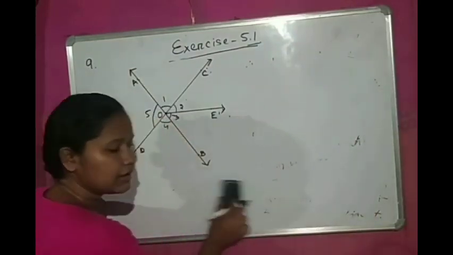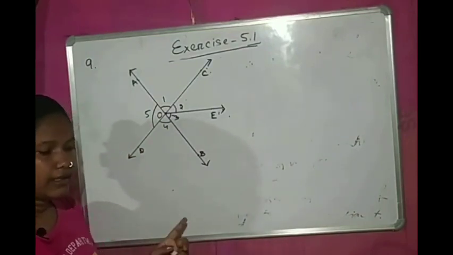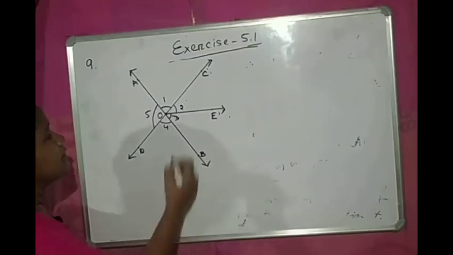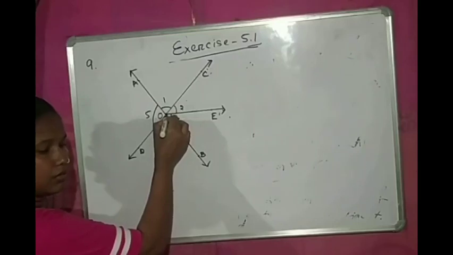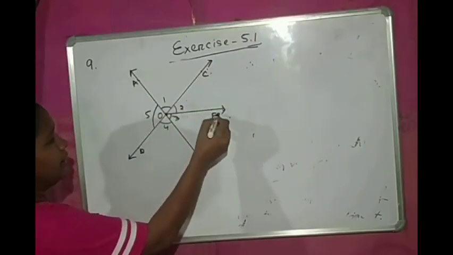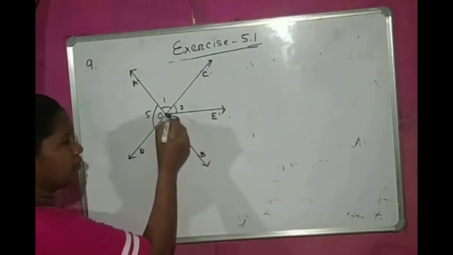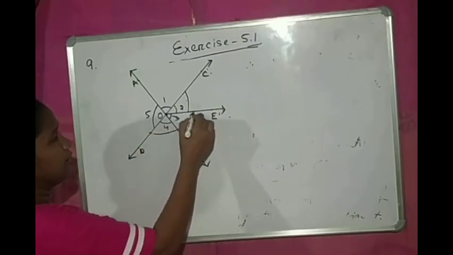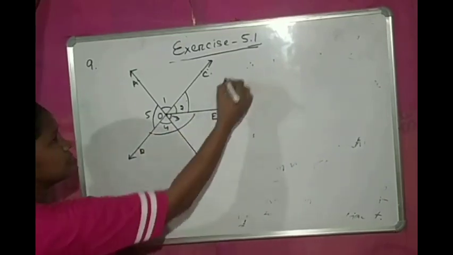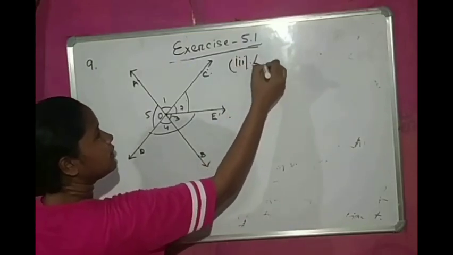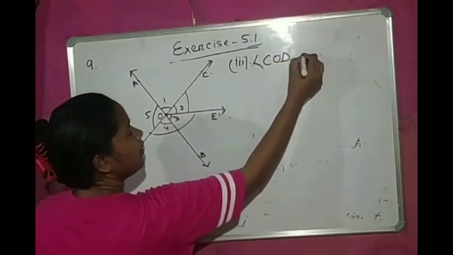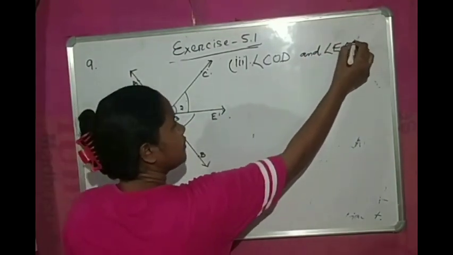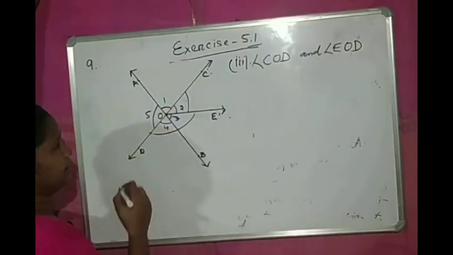Next is question 3: do angle COE and angle EOD form a linear pair? Angle COE and angle EOD, are they a linear pair?